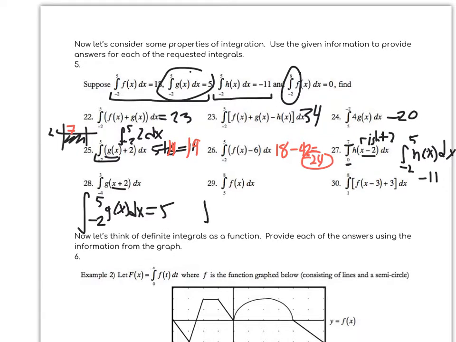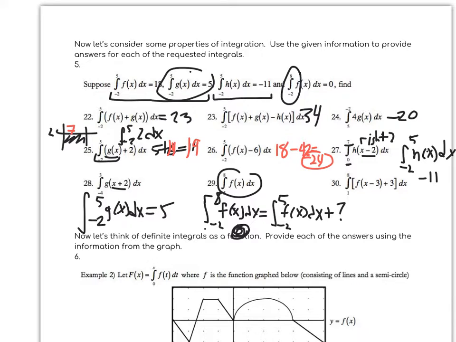I'm going to write this as the integral from negative 2 to 8, that's the whole thing, of f of x is equal to the integral from negative 2 to 5 of f of x dx plus question mark, where that's what we're finding here. So we've got 0 is equal to, negative 2 to 5 is going to be 5, plus question mark. That's going to be negative 5.